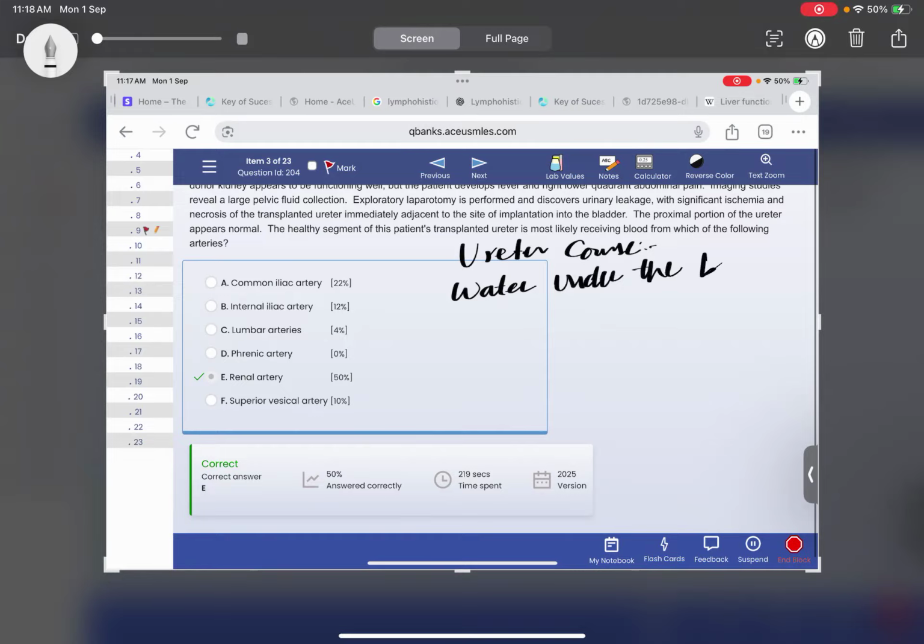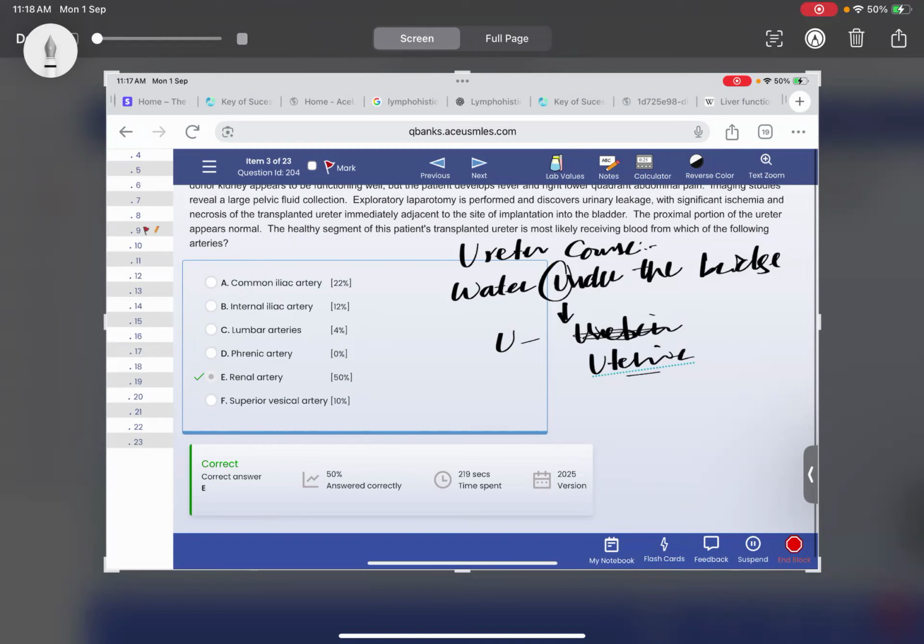What does this mean? The ureter is under the uterine artery in females and under the vas deferens in males. It is commonly injured in gynecological surgeries.